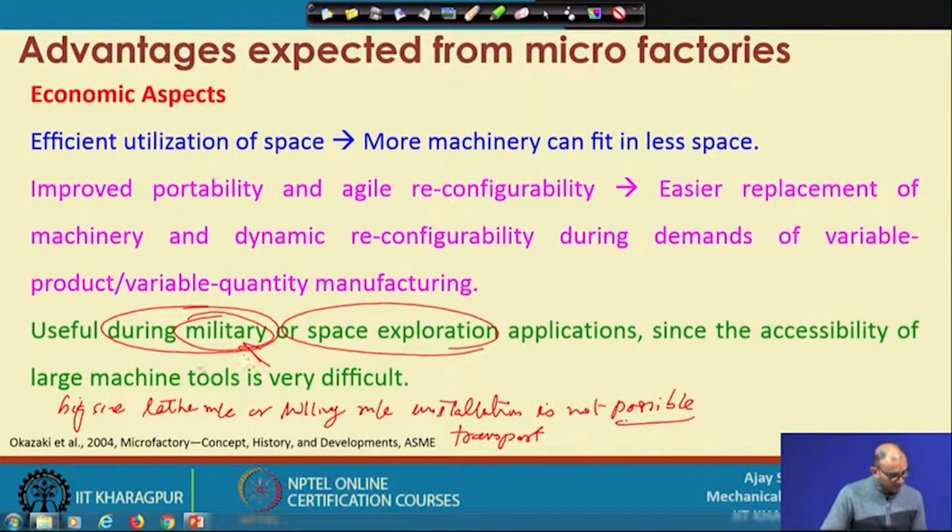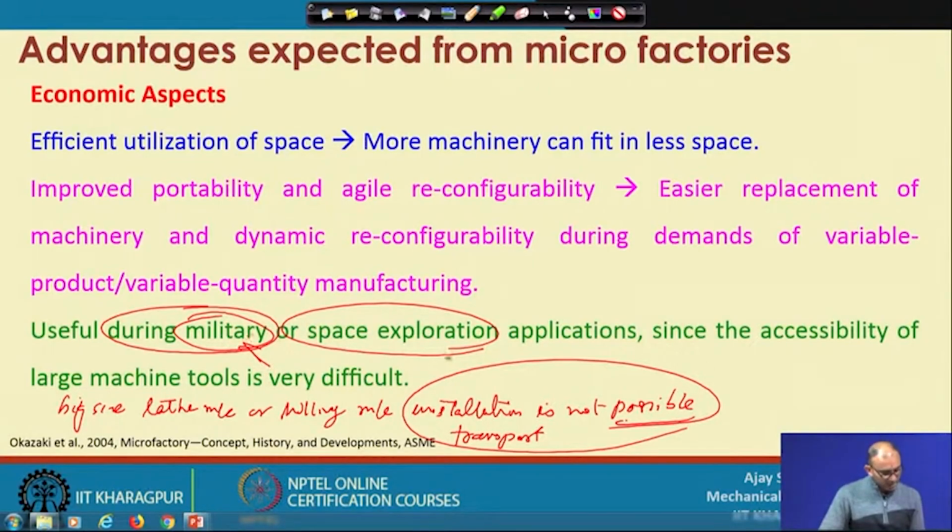It will take a lot of time to transport those machines, and then it will create a lot of problems at a later stage. So, if you have this type of palm top machine or some suitcase size machine, then you can easily transport that machine to that location, and right in the field you can directly fabricate those components which are damaged or not in operating condition.